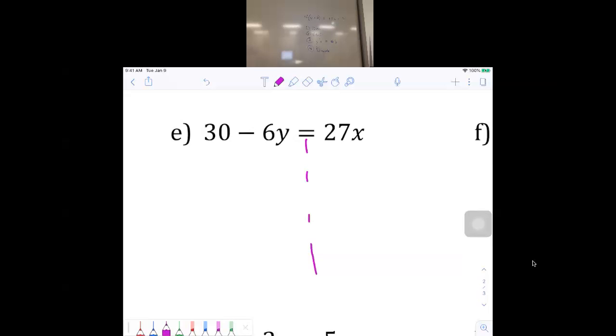First step. Yeah. Wait a minute. Why did you subtract? Did you substitute for 31?